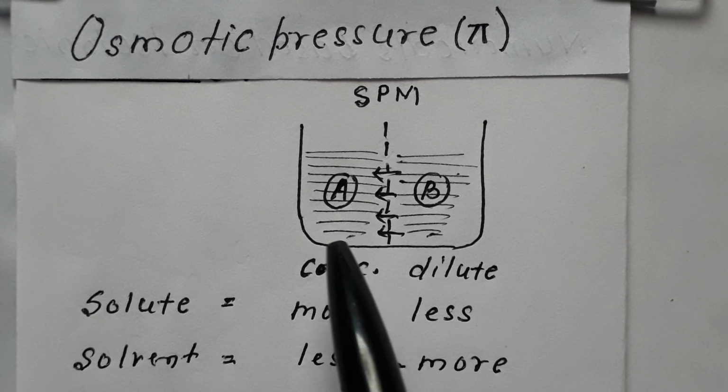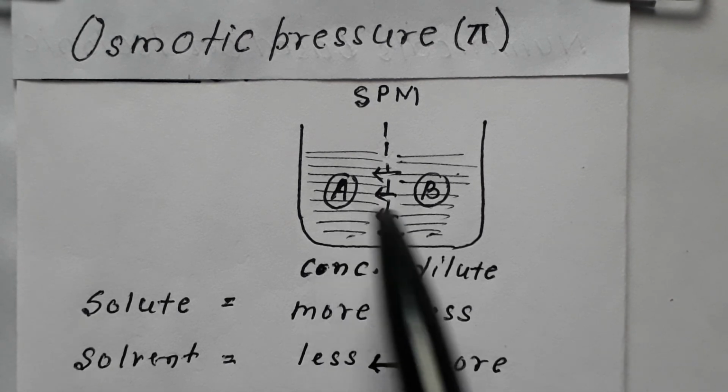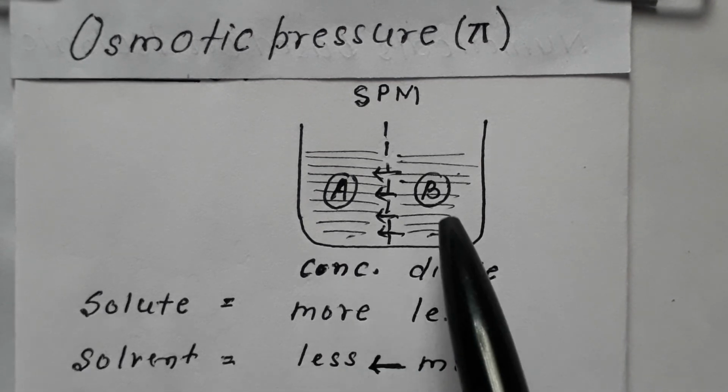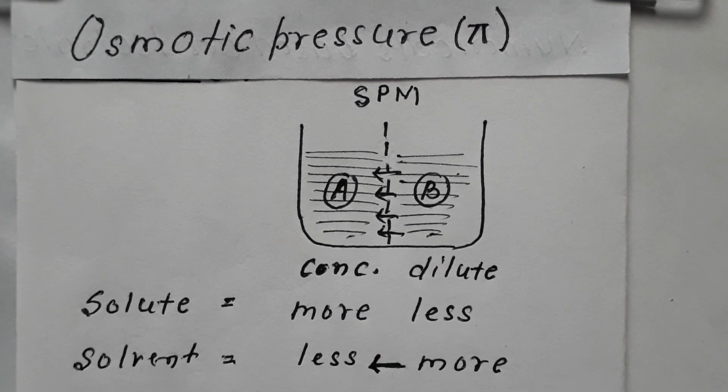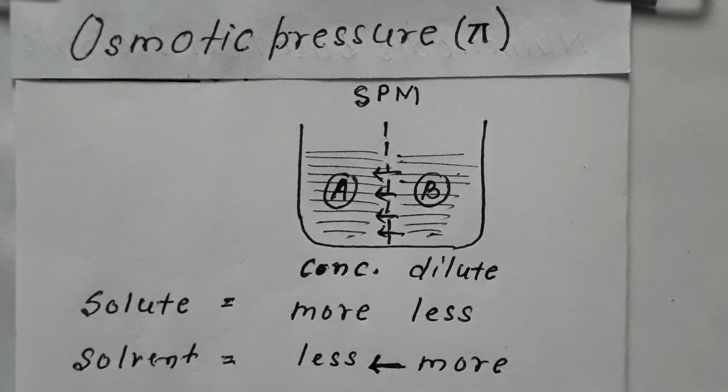If there are two solutions A and B separated by a semi-permeable membrane, and they differ in concentration, suppose solution A is concentrated and solution B is dilute. In terms of solute, since A is concentrated, it has more solute, and B has less.